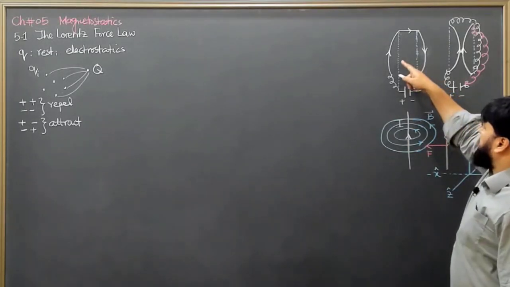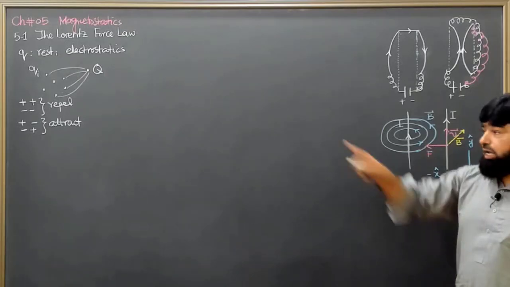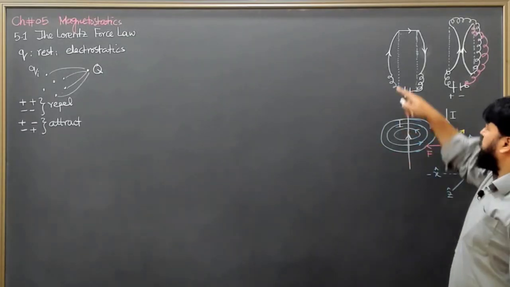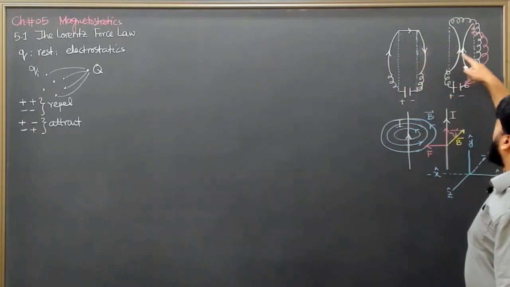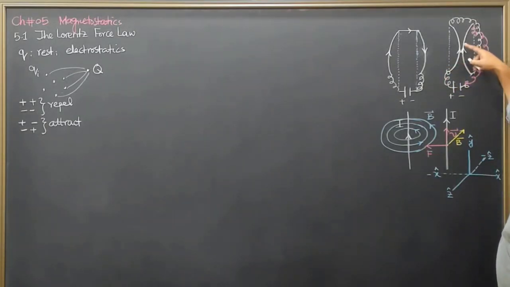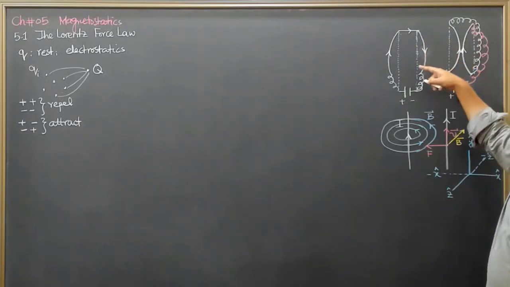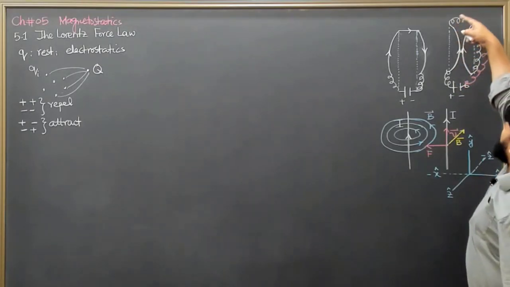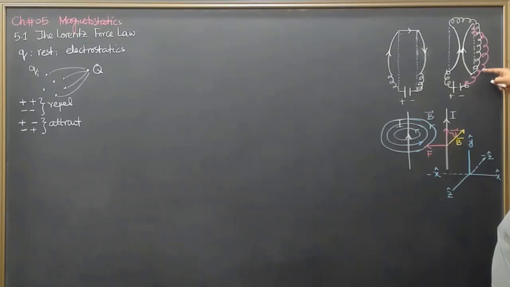So they start repelling each other, unlike the situation in which similar charges were repelling. If the current goes in this direction and comes back in this direction, it is the opposite direction.